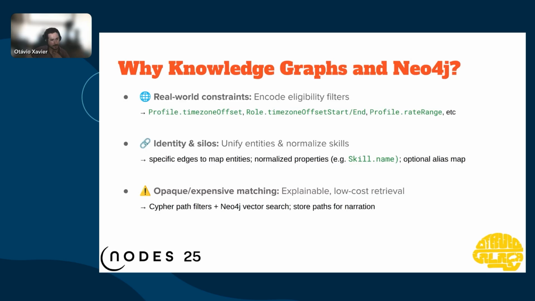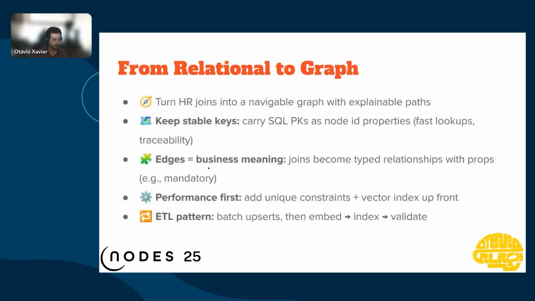Instead of having a multi-agent system with multiple agents communicating with each other, one thing we can do is try to avoid LLMs during the retrieval part and have a more deterministic approach using the power of the Cypher language inside Neo4j, combined with the vector search this database has natively. So yeah, let's move forward.